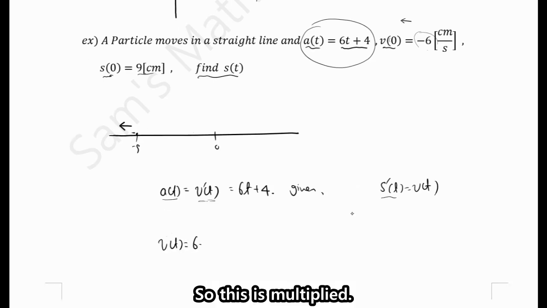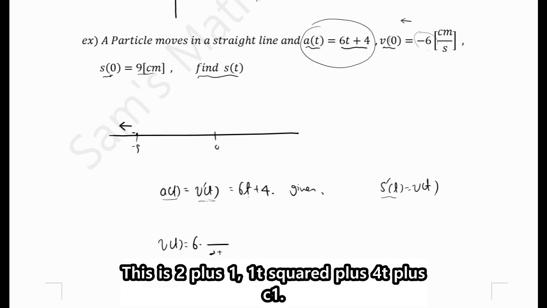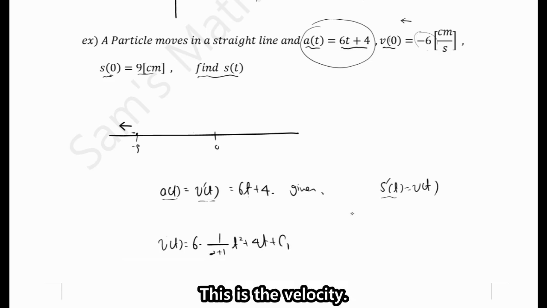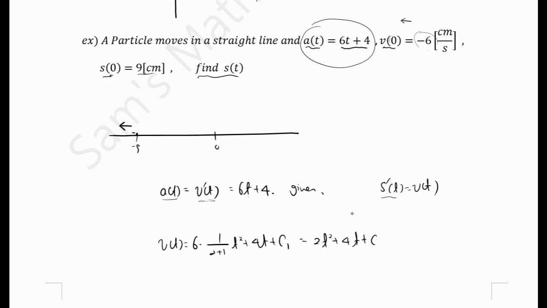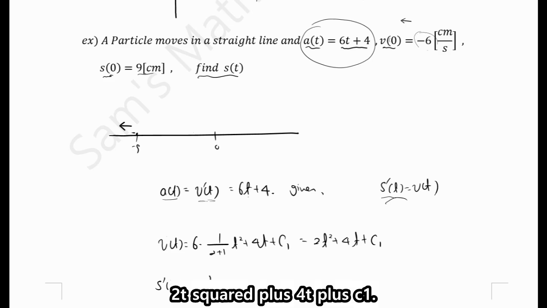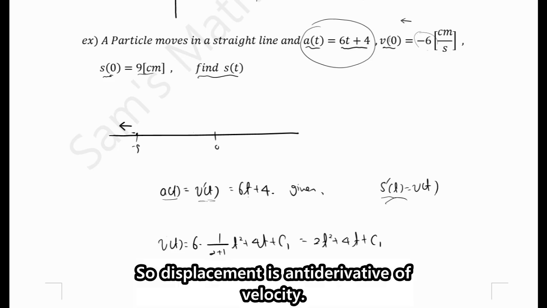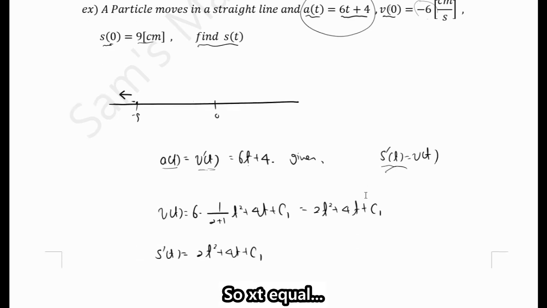So this is 6 multiplied by 1 over 2, which gives 3t squared plus 4t plus c1. This is the velocity. So s prime of t equals 3t squared plus 4t plus c1. Displacement is the antiderivative of velocity.